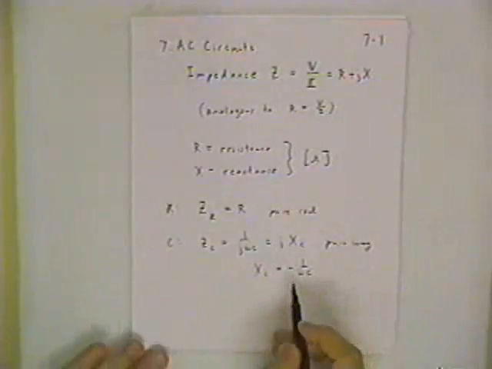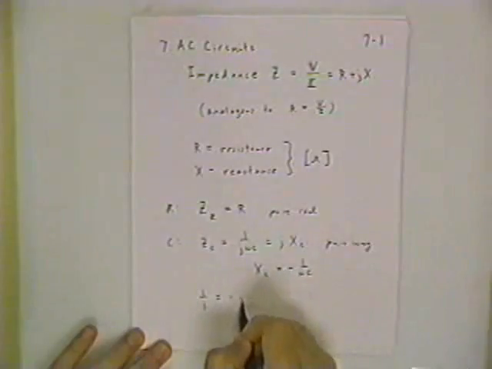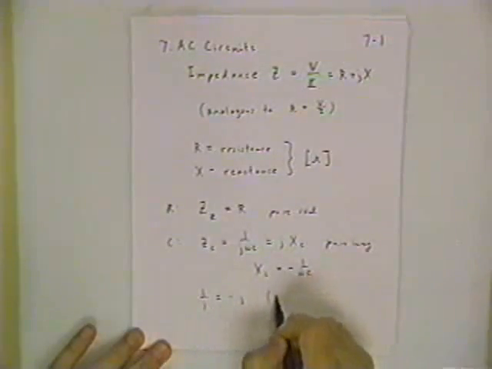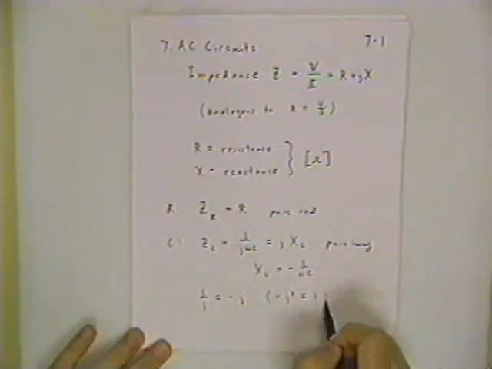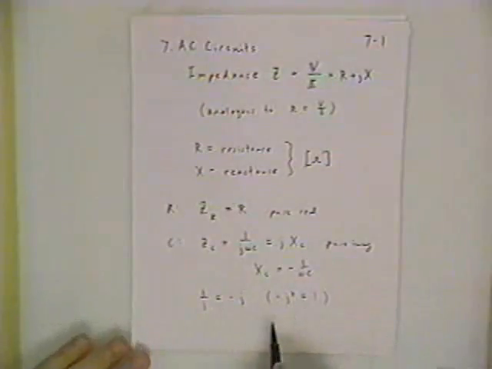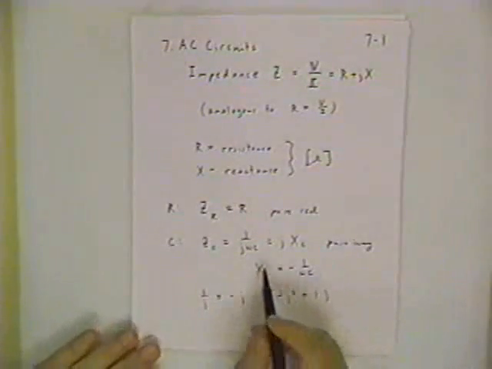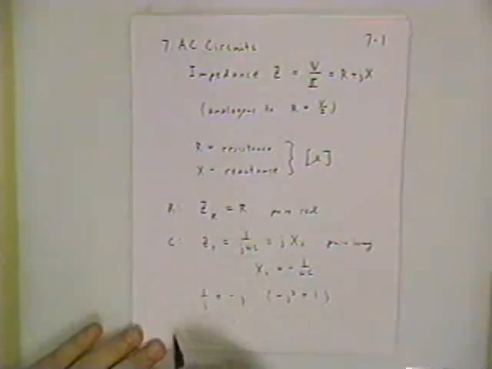Now, where that came from is the fact that 1 over j is equal to negative j, and you can prove that because negative j squared is equal to 1, and that comes from the basic definition that j is the square root of negative 1. You can prove that out for yourself. So we have two of our impedances already, resistor and capacitor.